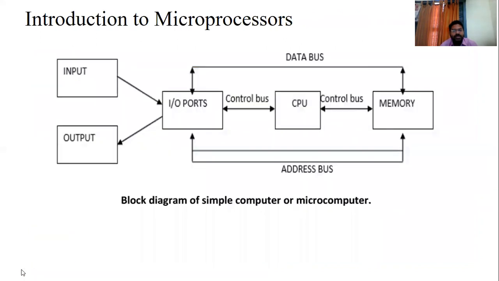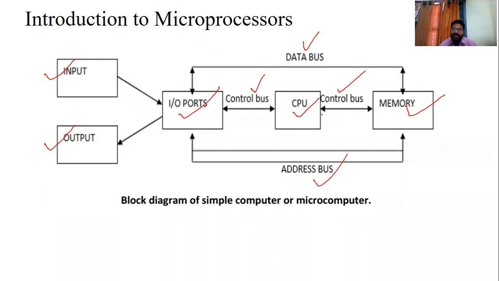Now see the basic structure of a microprocessor or a small computer: input devices, output devices, input output ports, a CPU, and memory. These are connected by control buses, data buses, and address buses.